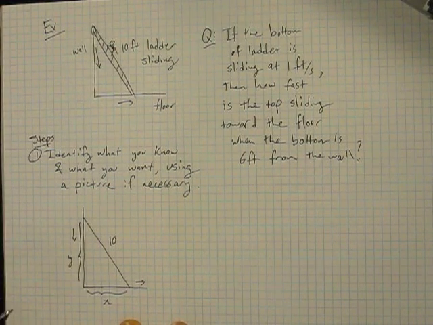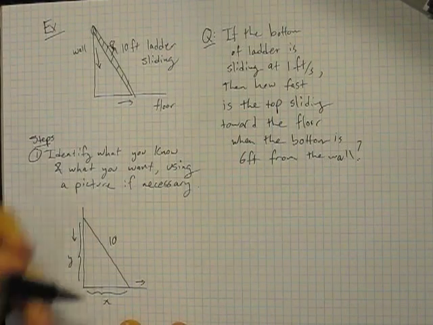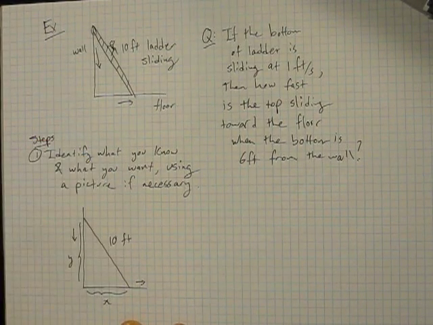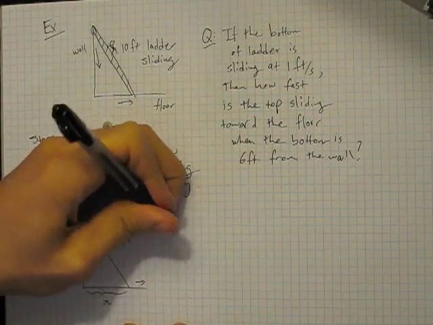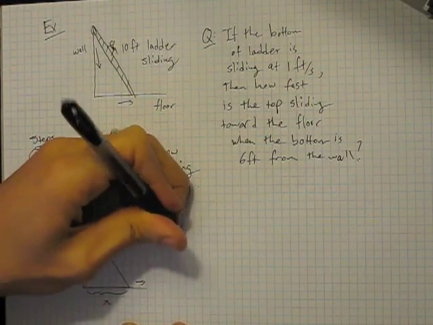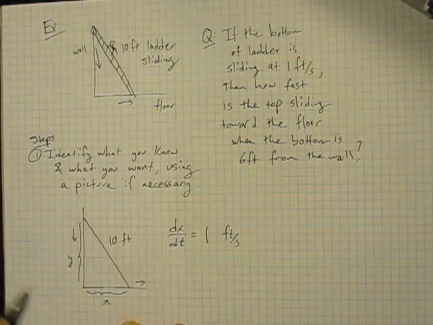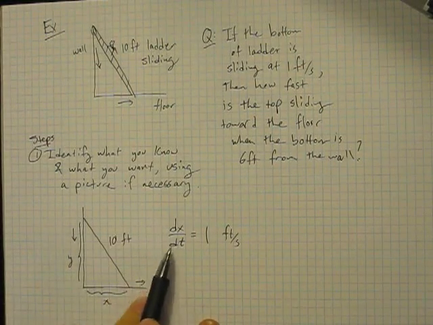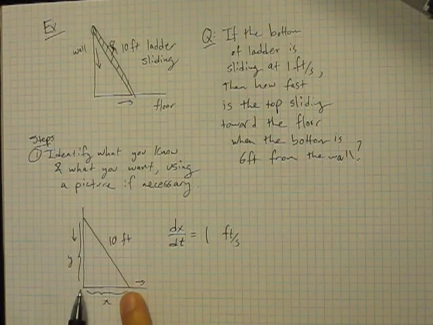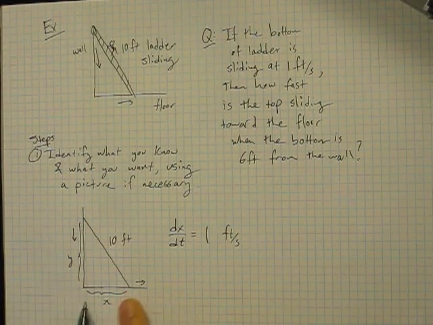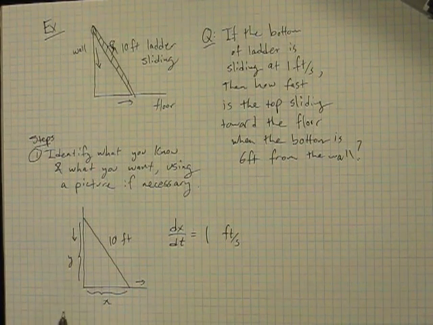Okay, so now here's what we know. So these are in feet, and we know that dx/dt is equal to 1, okay, 1 foot per second, because this is the rate at which that number is changing, and it's growing. So it's growing at 1 foot per second in that direction, so this is the rate.